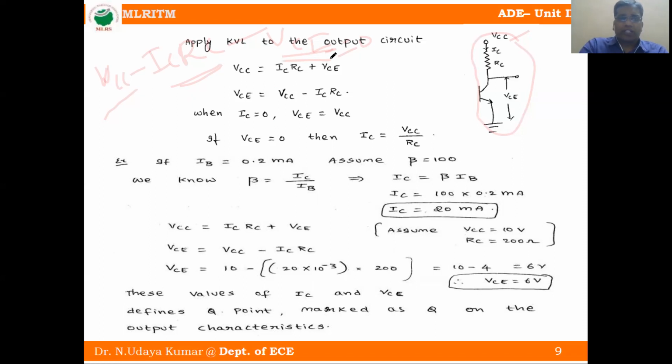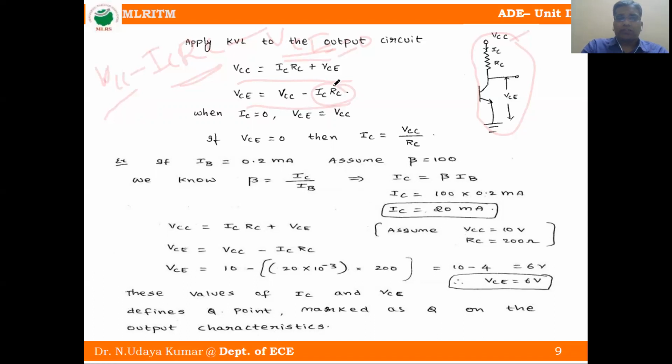So from that, VCC is equal to ICRC plus VCE. From this equation, what do you mean by VCE? VCE is equal to VCC minus ICRC. So when IC is equal to 0 in this equation, meaning collector current is equal to 0, this whole term is equal to 0.